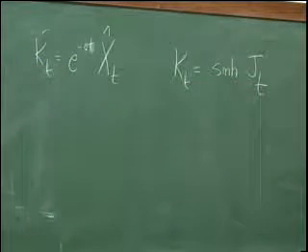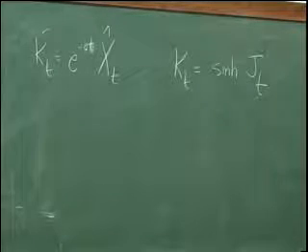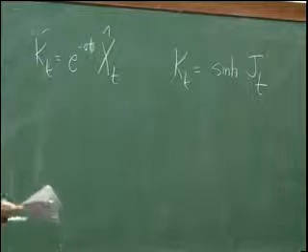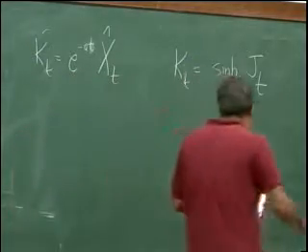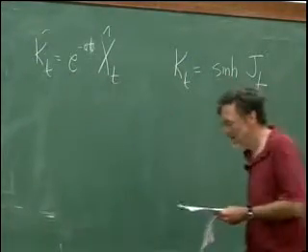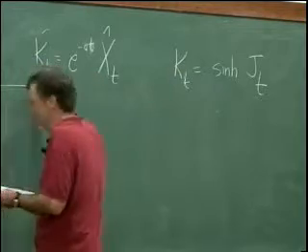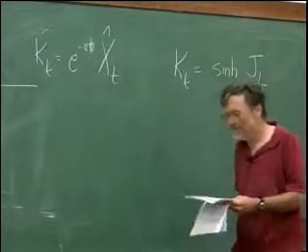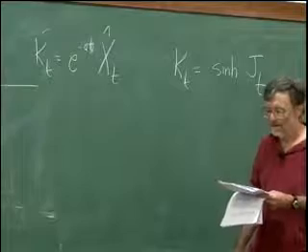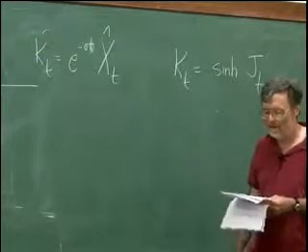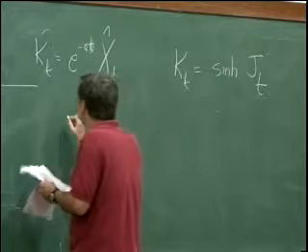That just turns out to be the right variable to use. So j_t is inverse hyperbolic sine of k_t, and k_t is hyperbolic sine of j_t. I just wrote it. Okay. So now we have to do some more computations.